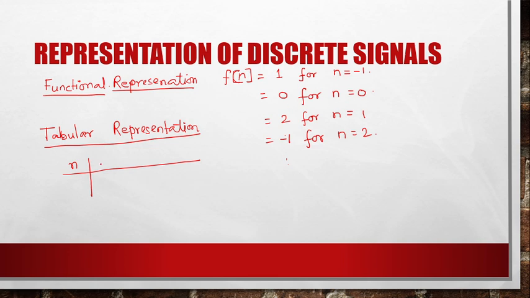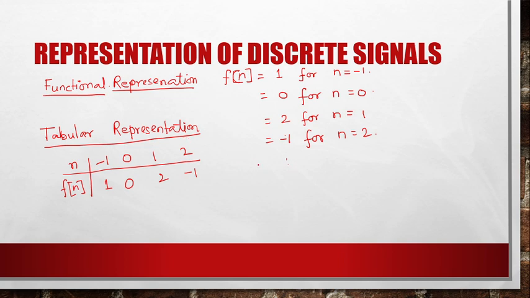The sequence of n is from -1, then 0, then 1, then 2. So what will be the value of the function? At -1 it is 1, at 0 it is 0, at +1 it is 2, and at +2 it is -1.